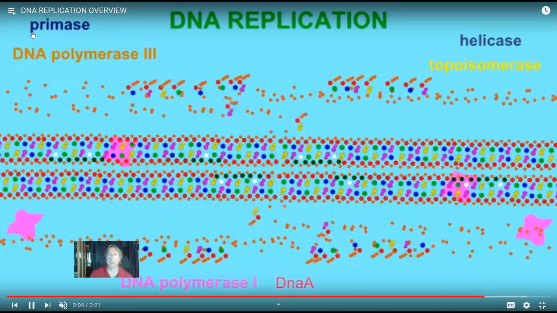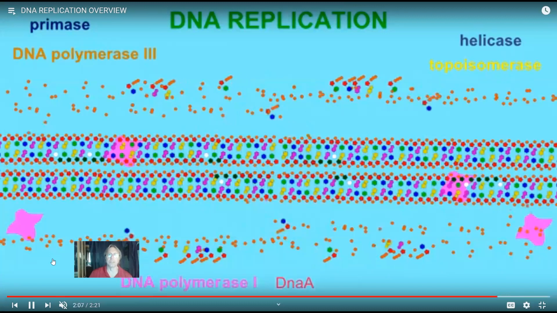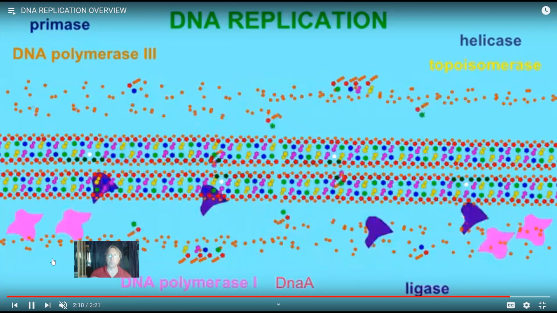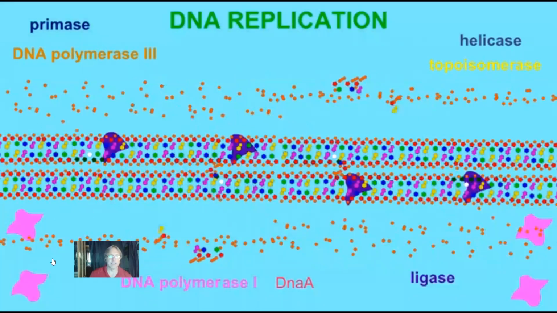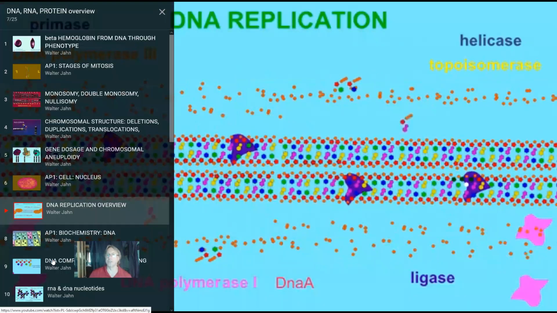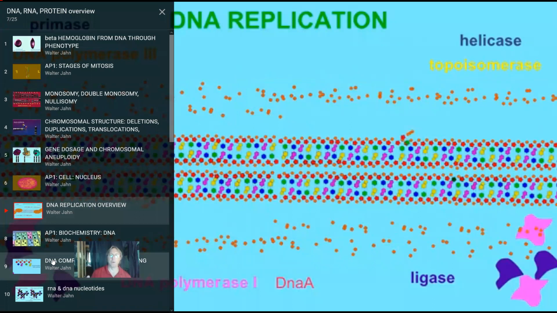And when this one cell divides to make 2, then each of the 2 daughter cells can get 1. And so in the process of mitosis, we copy all of our DNA to make 2 identical sets.